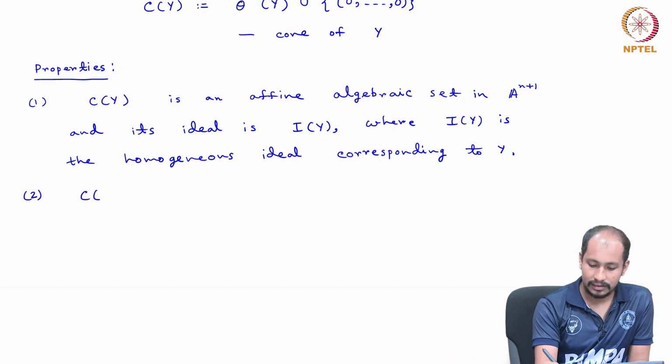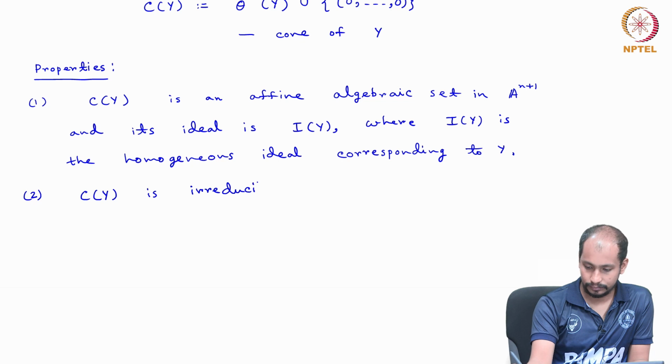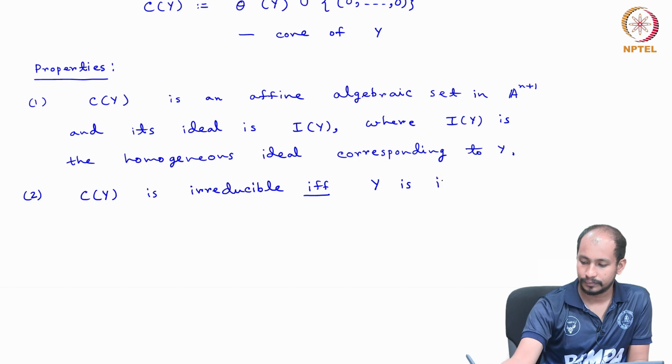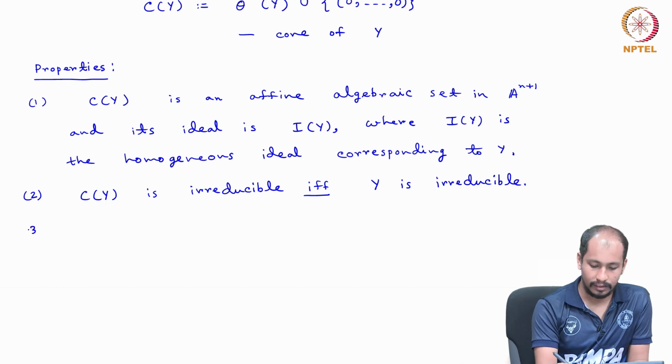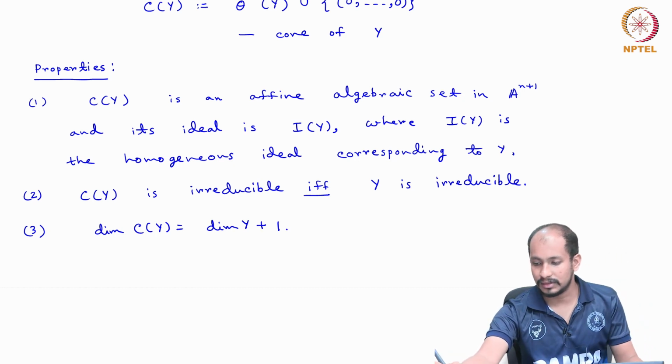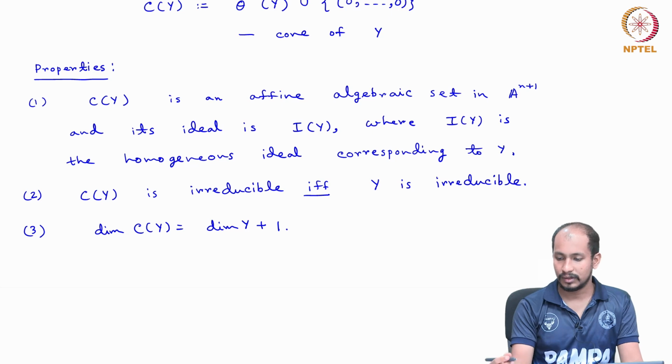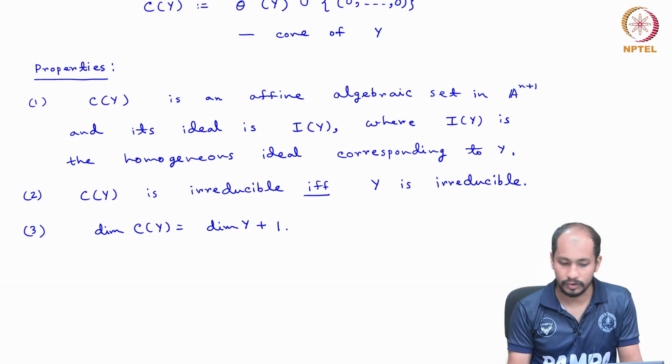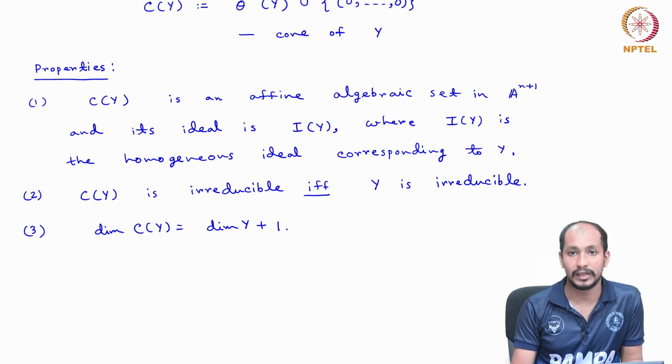The second is C(Y) is irreducible if and only if Y is irreducible. And third is the dimension of C(Y) equals the dimension of Y plus 1. So these are some properties related to the cone of a projective variety, or projective means any algebraic subset in P^n.